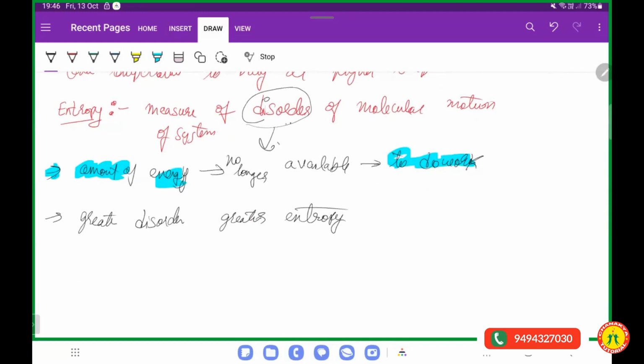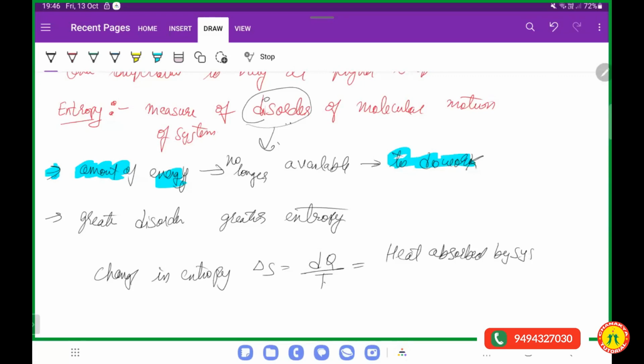So the change in entropy, delta S, is dq by T, where dq is the heat absorbed by the system and T is the absolute temperature.